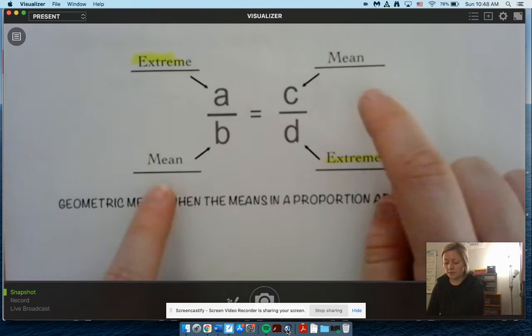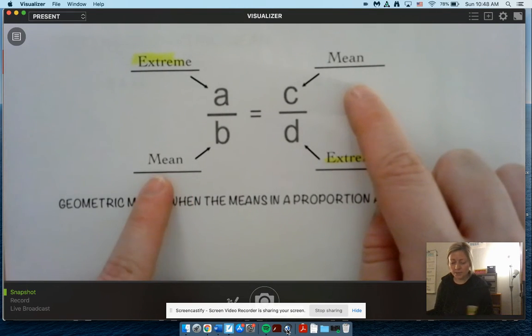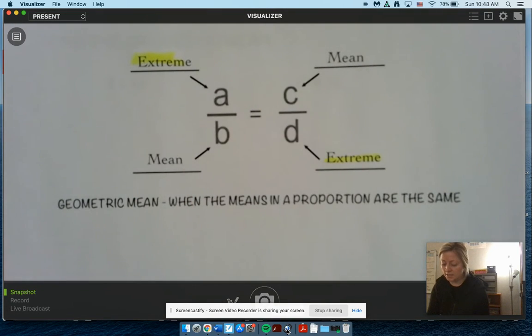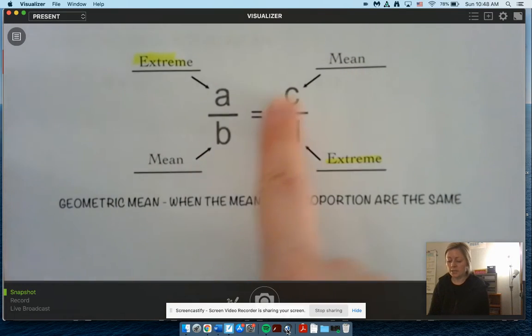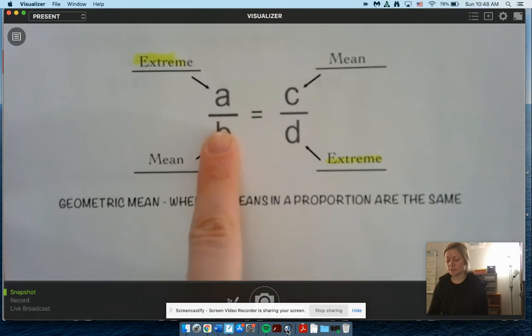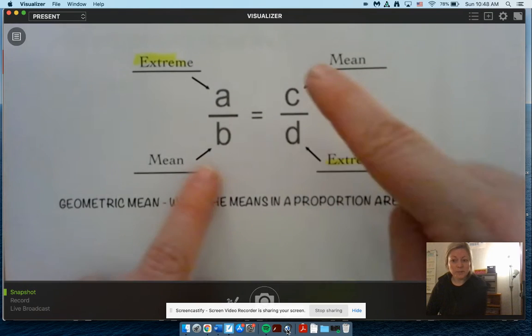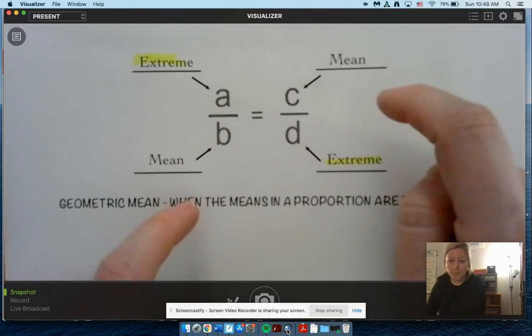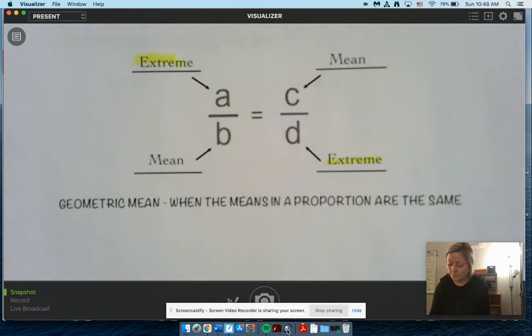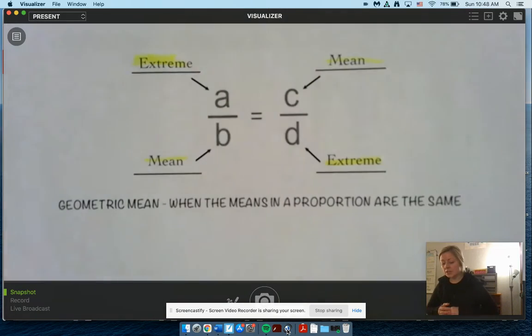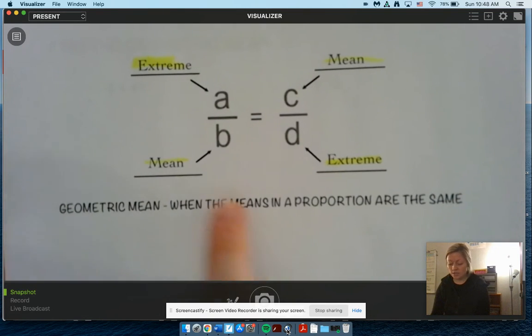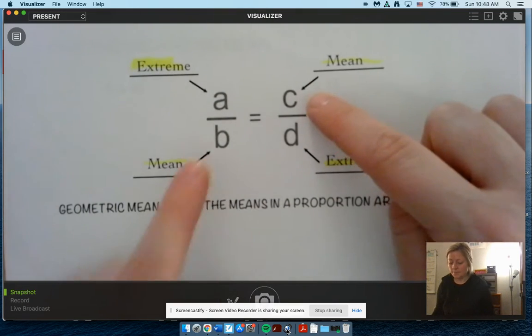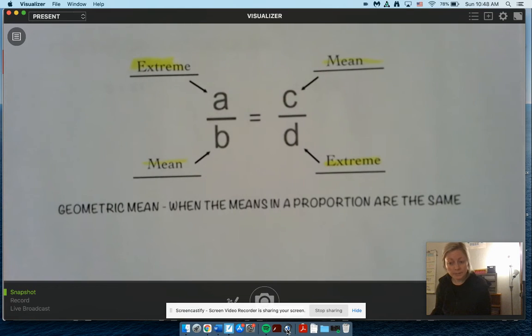And the ones in the middle are called the means, and that's how I remember it, because middle starts with M and mean starts with M. So when you read A over B equals C over D, B and C are in the middle of that sequence, so those are your means. Now, when you're looking for the geometric mean, that's when the means in your proportion are the exact same. So when B and C are the same, we are able to find the geometric mean.